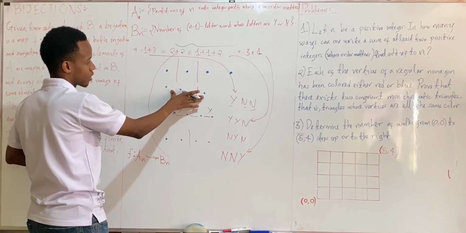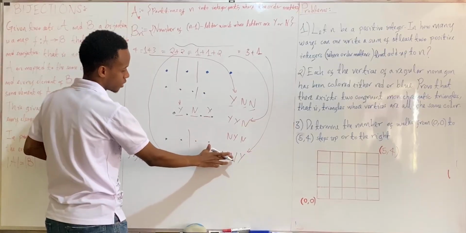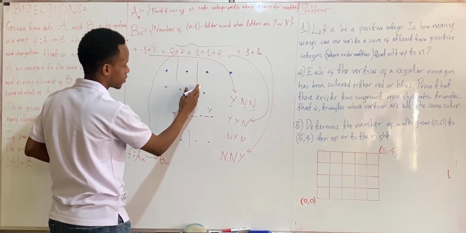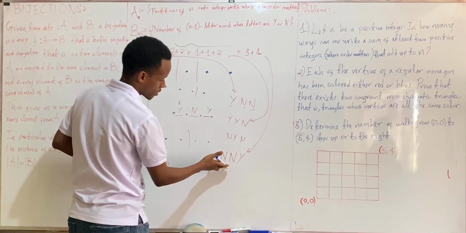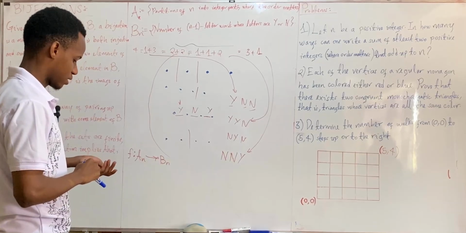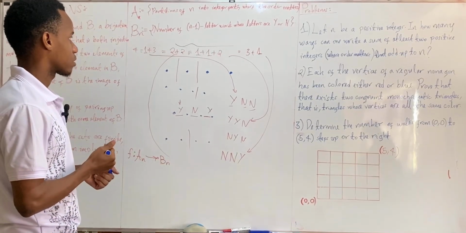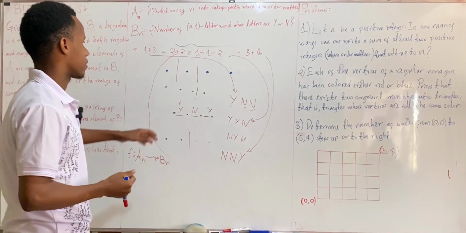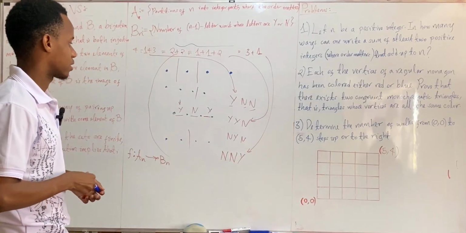As in the way we define these three-letter words, we don't have a bar here, we don't have a bar here, but we have one here. So this can be represented by a no, no, and a yes. So in this case, this function is both injective and surjective because the function is actually well defined.